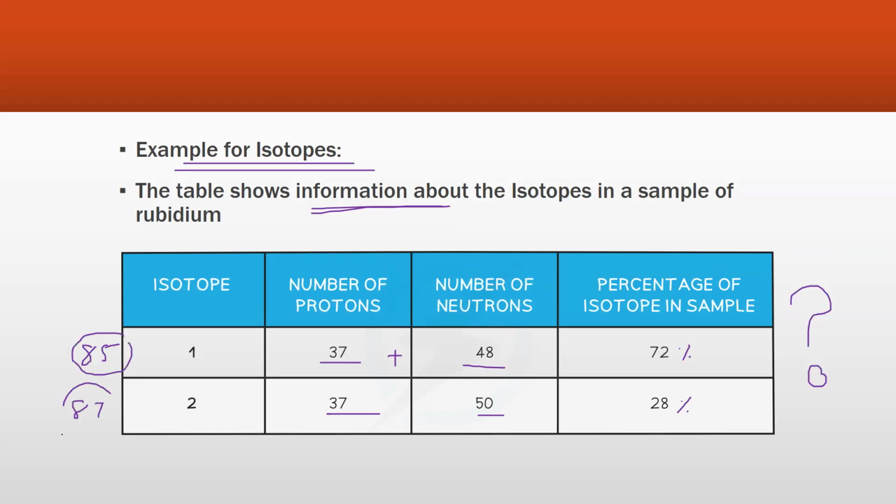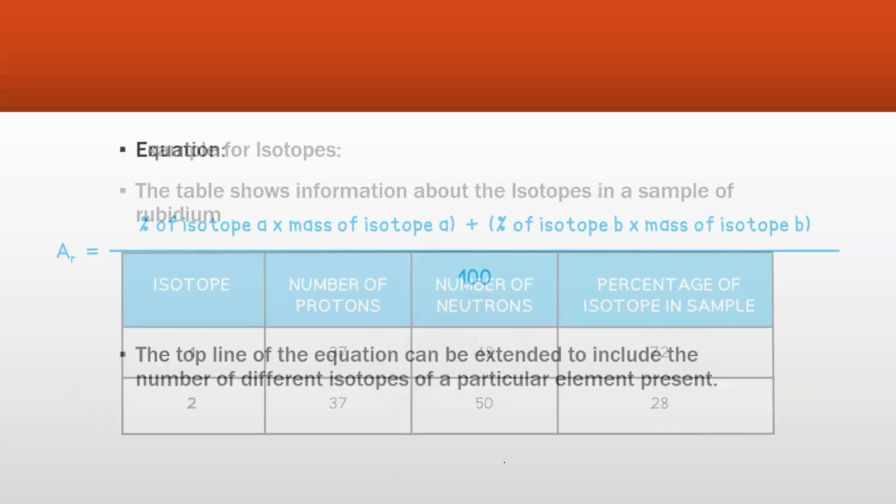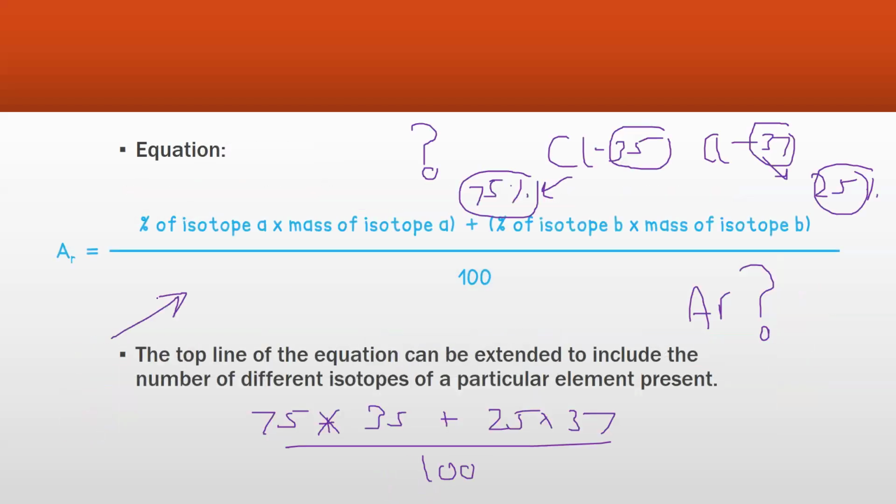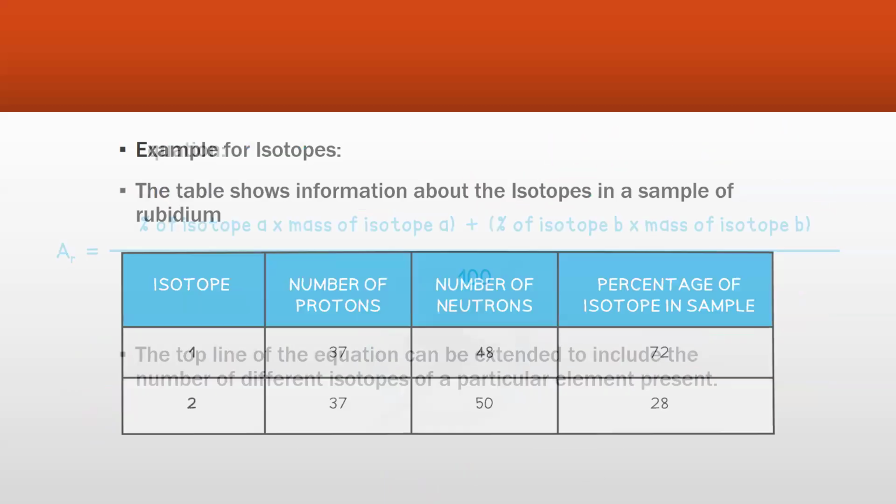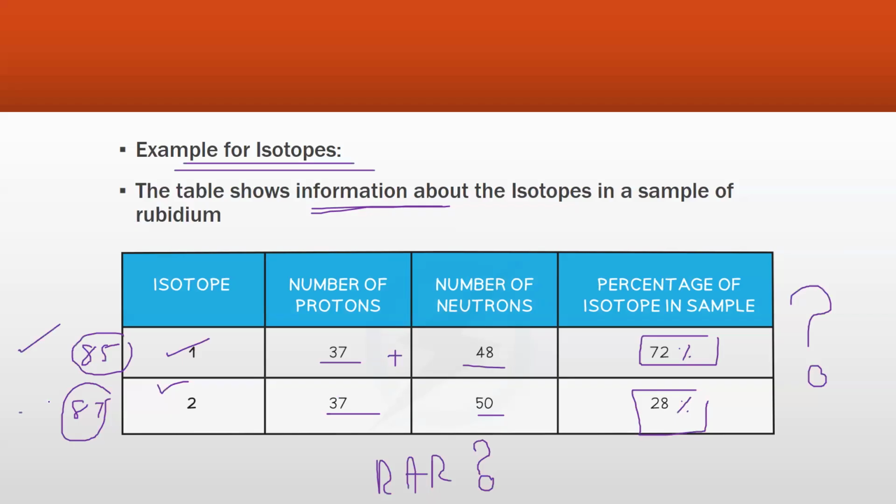Now I have both the masses of isotope 1 and isotope 2 and I am given the percentages as well. Now calculate the relative atomic mass. How will you do that? अभी पीछे बताया मैंने, ये क्या है? Look at this. I have found the masses. Now, what should I do with the percentages and the mass?